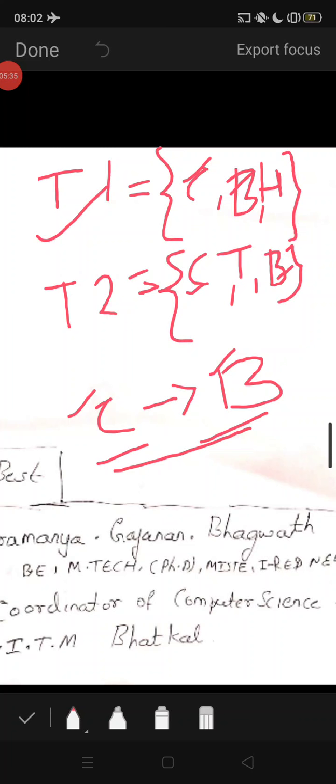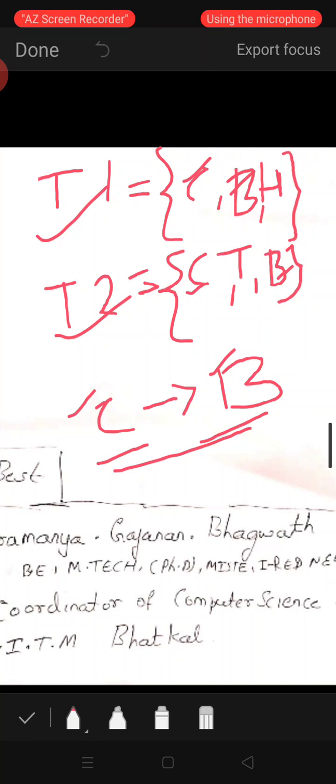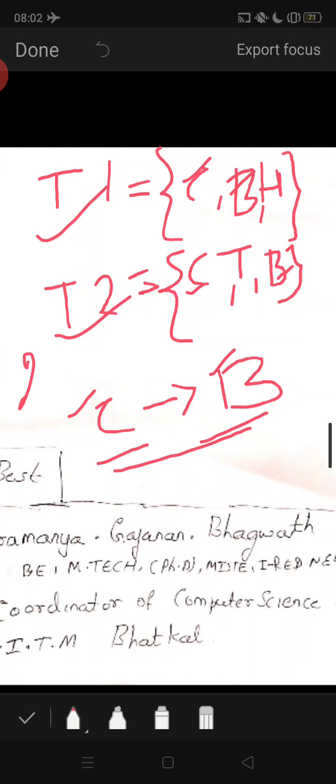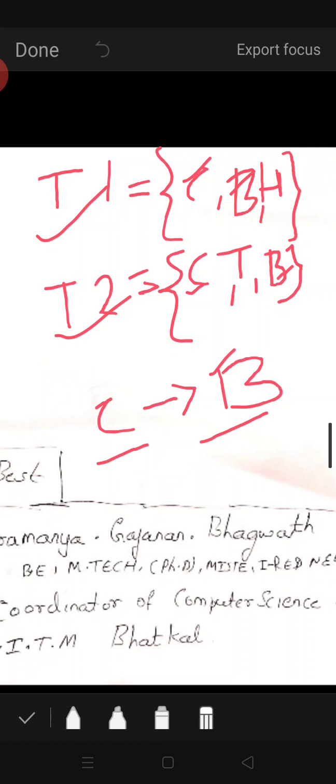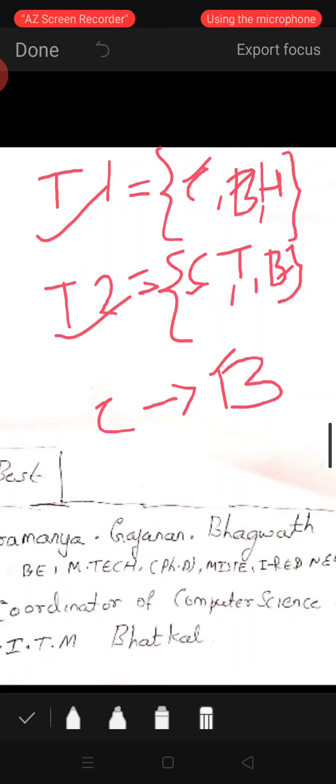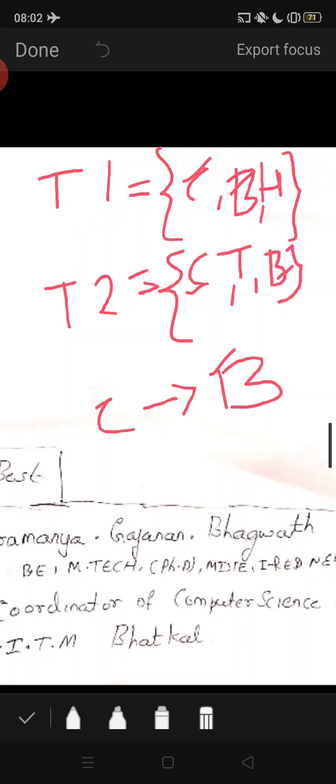C and B are available together in one transaction, and in another transaction they are also available. So in total, two transactions out of total transactions 2. So this 2 by 2 is 1. Support is 1. Then what is confidence? How do you calculate the confidence?